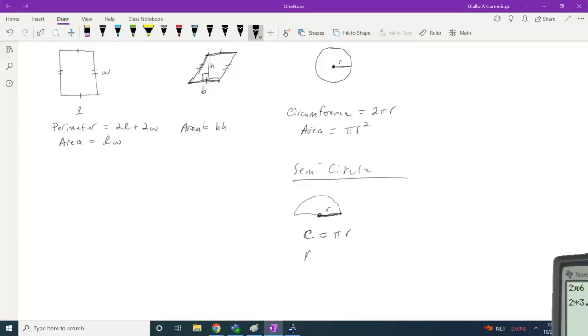The area of a semicircle is pi r squared divided by 2. So we simply take the area and divide it by 2. So we're going to use this part. The circumference of a semicircle is pi times r.